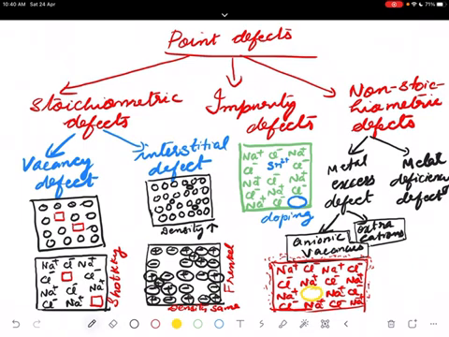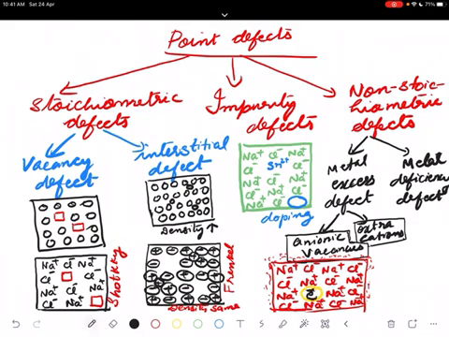Cl minus gets diffused to the surface and combines with Na plus over there, and from there the electron gets diffused to this, so one electron will be coming here.